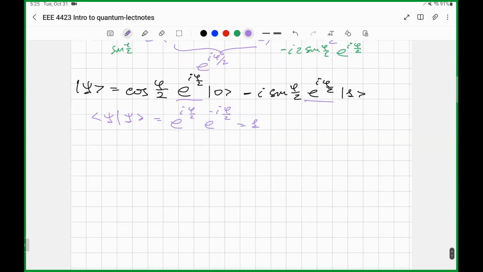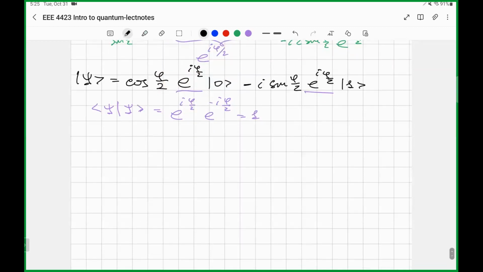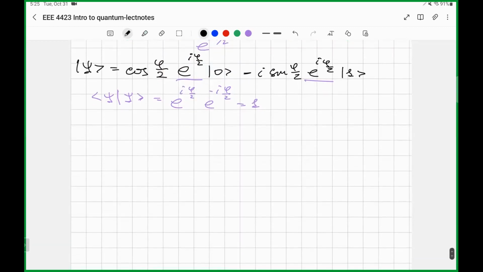So we can omit this global phase factor and write the psi state at the output of the circuit as cosine phi over 2 state 0, then minus i sine phi over 2 state 1. Okay.